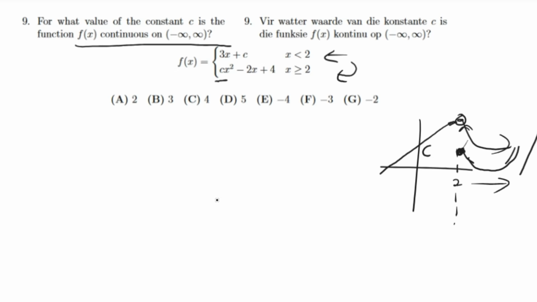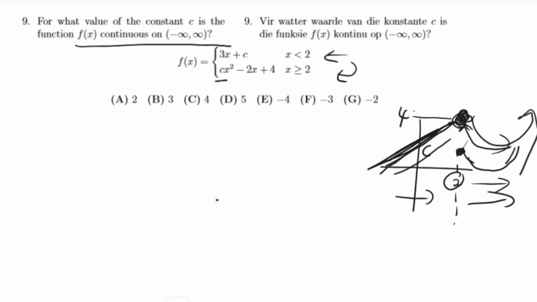Remember, if this value here is 4, say, as an example, we want this function, when x is 2, to be 4, and we also want the function that goes to the left to be the very same number 4. If we go to the left, that line must touch at 4, and as you go to the right, it must start at the very same value 4, and go that way.